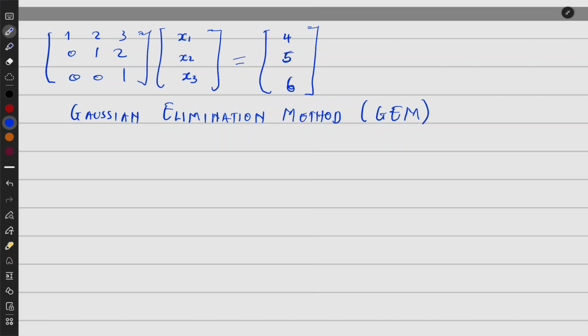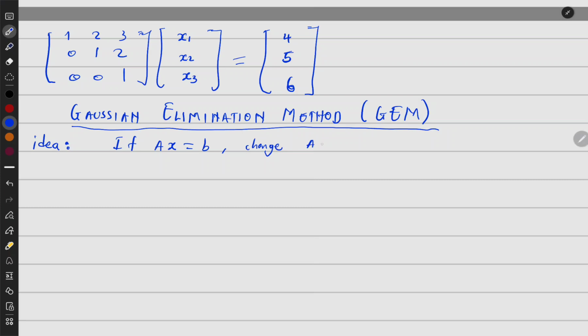The idea behind it is that if we are given our system AX equals B, what we do is change it. We are already aware how to solve the system if we have a triangular matrix, lower or upper. So we change the A into a triangular matrix. That's the idea.